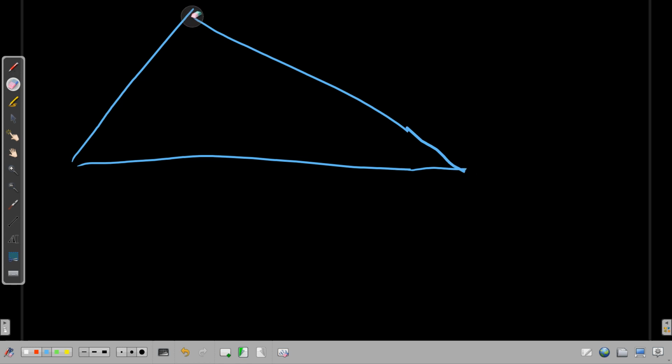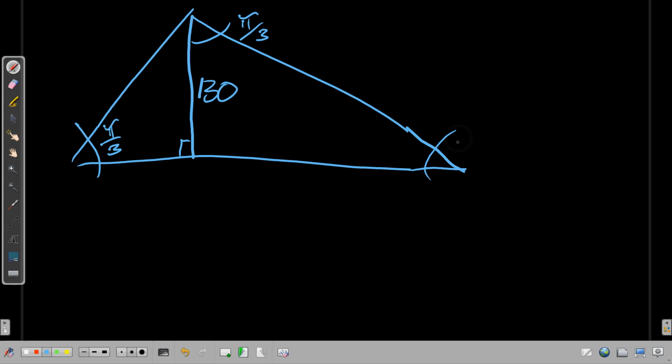Okay, so here's the two triangles, and if I just take triangle 1 and rotate it, it will be similar to triangle 2. I'm told that this height right here, or this length, is 130, and this is pi over 3, and so this angle here is also pi over 3. However, what they stated was that this was pi over 6.